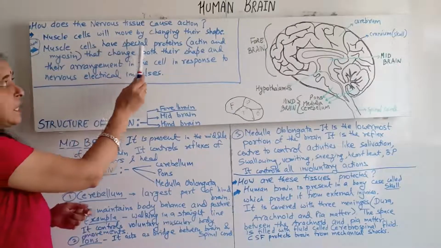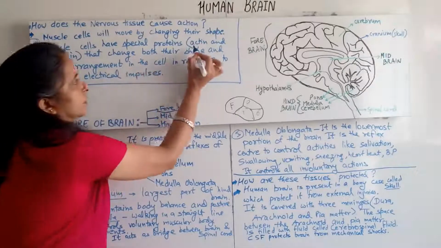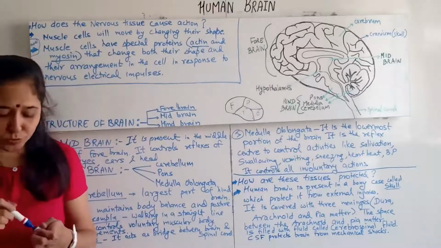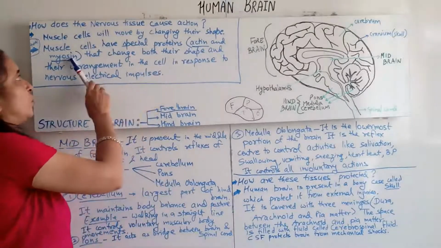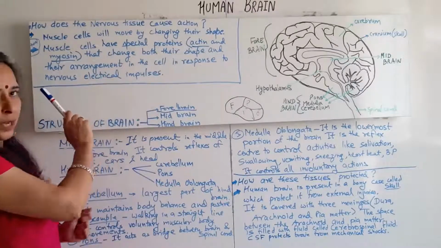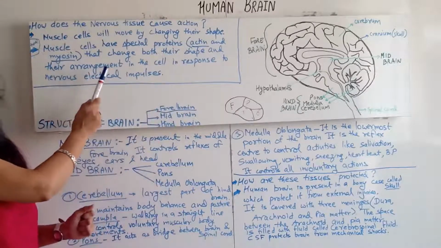Muscle cells have special proteins, that is actin and myosin. The names of these two proteins they have not given in the NCERT textbook. They have given just a special protein. So these two special proteins are present in the muscles, actin and myosin, that change both their shape and their arrangements.